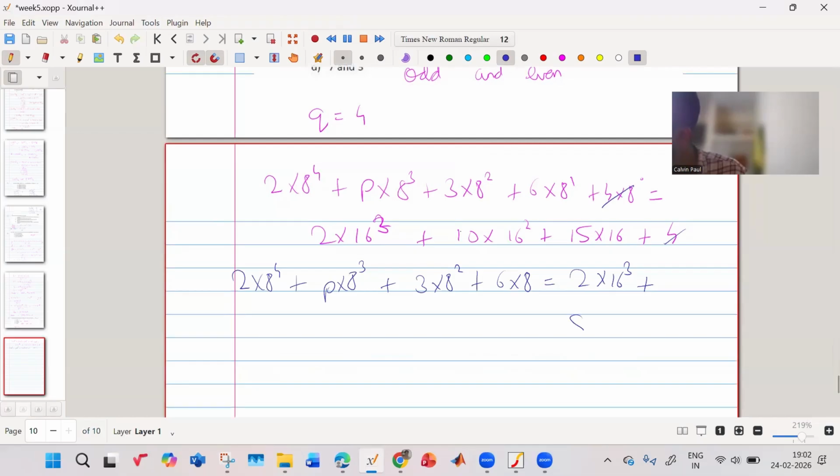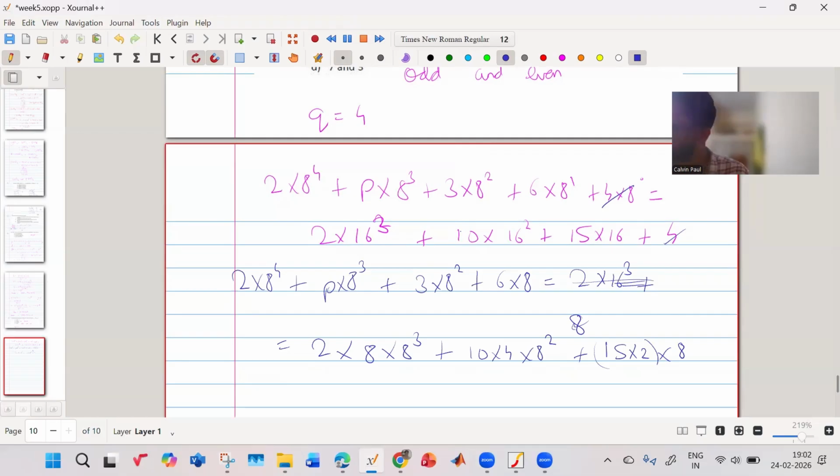So this is 2 into 8 into 8 cube plus 10 into 4 into 8 square plus 15 into 2 into 8.